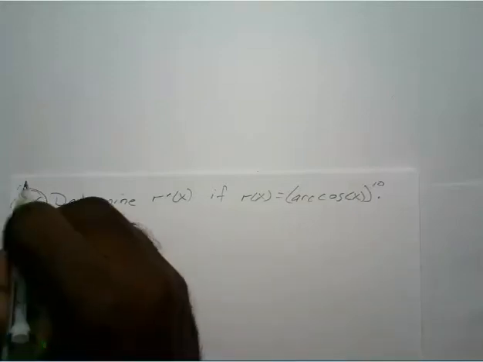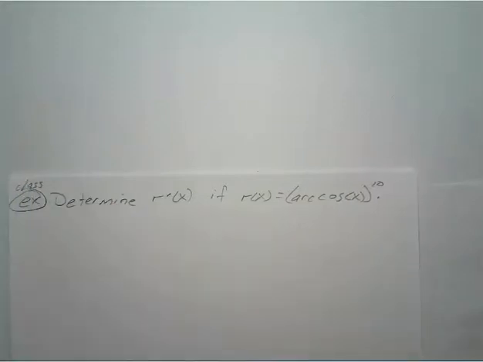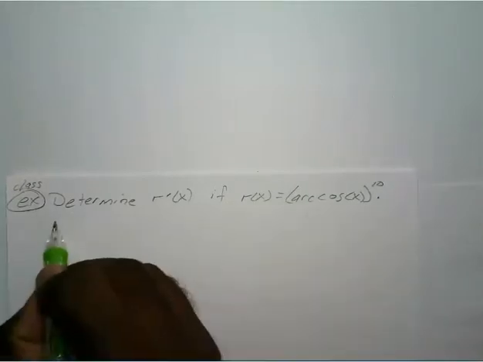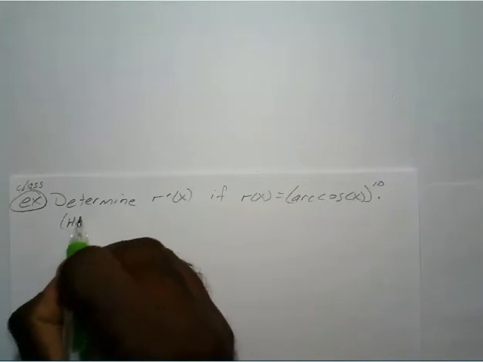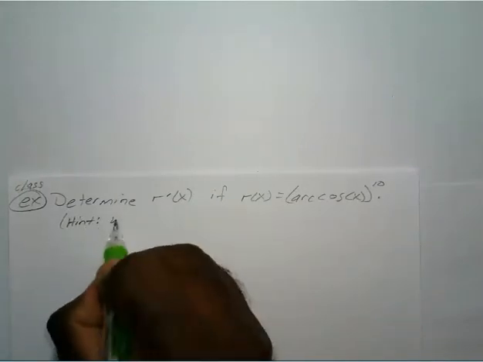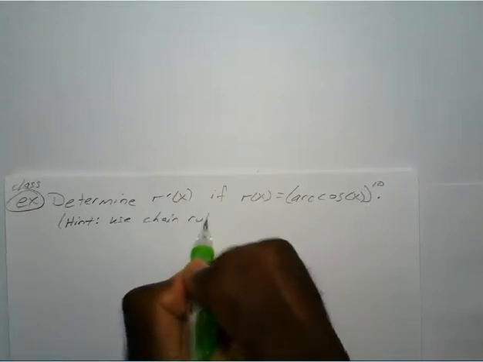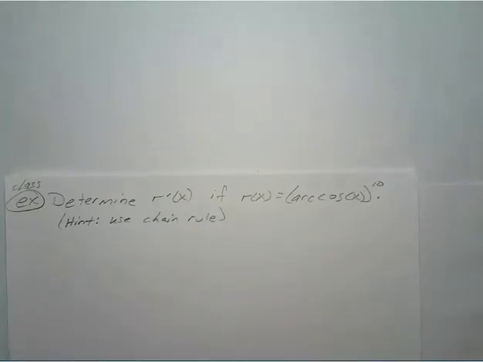What I want you to do is press pause, and before you do that, just a quick hint, you want to use the chain rule. That's my hint. Go ahead and press pause and try to work this one out on your own.